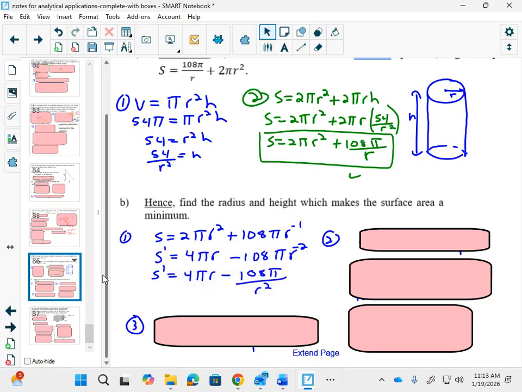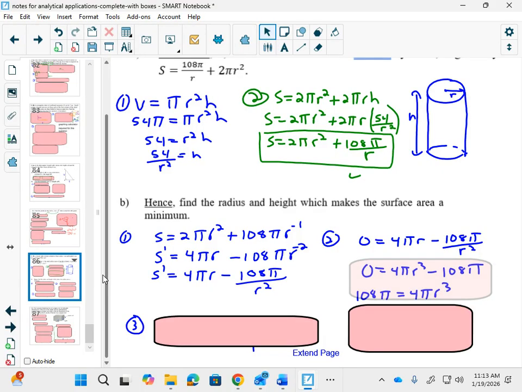Find your derivative. Set it equal to 0. And use your algebra skills to solve.